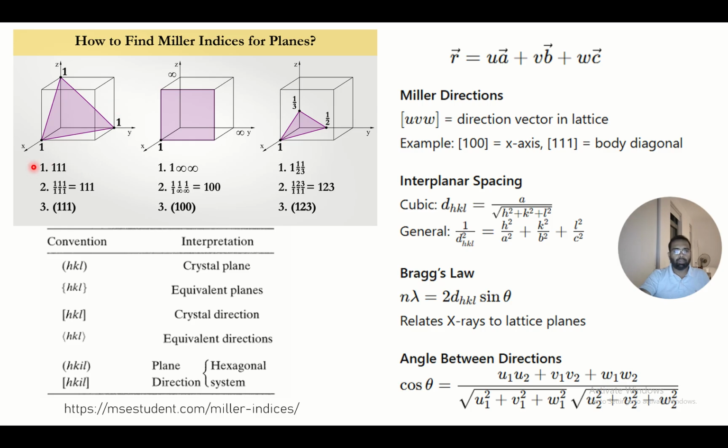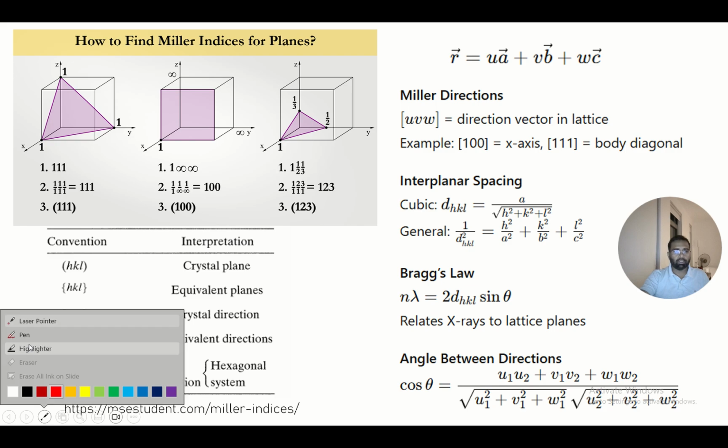So you got the coordinates 1 1 1. To calculate the Miller indices, what do you need to do? Let's understand it in another way.